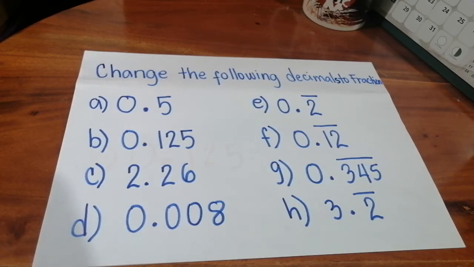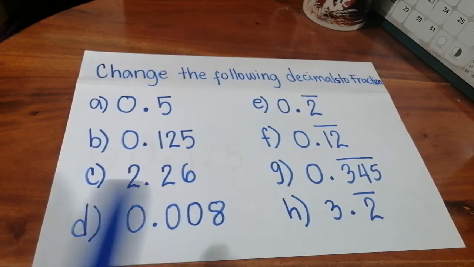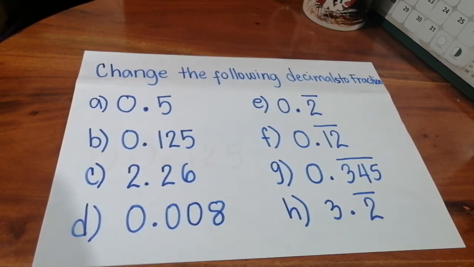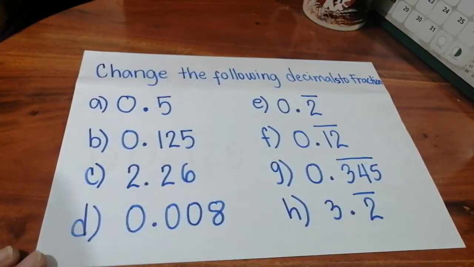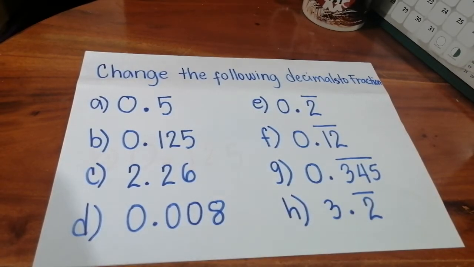I will discuss how we arrive at 9 in my next video, because today what will be discussed is the technique, the easiest way on how you change decimals to fractions.